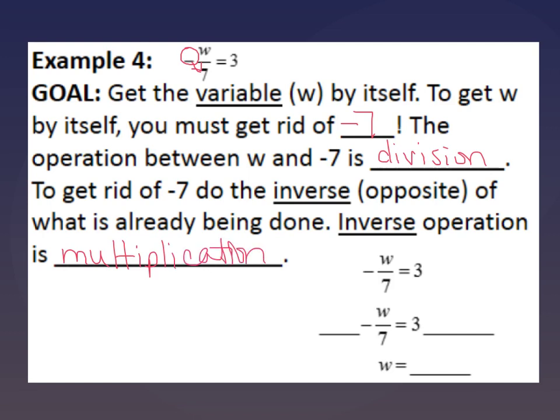So now, when we look at this, we said that we had to multiply by a negative 7. Whatever we do to one side, we have to do to the other side. I'm sorry, I made a mistake there. Let me just erase that.